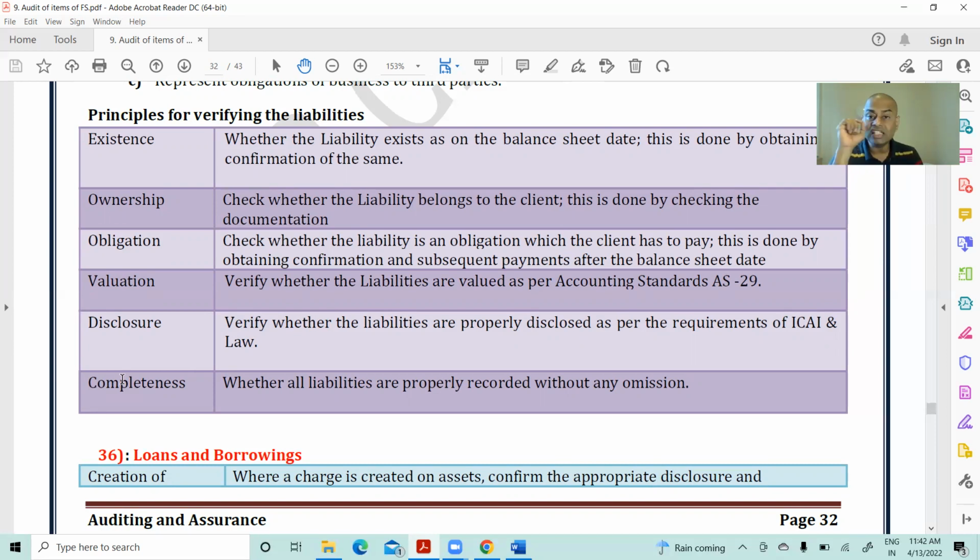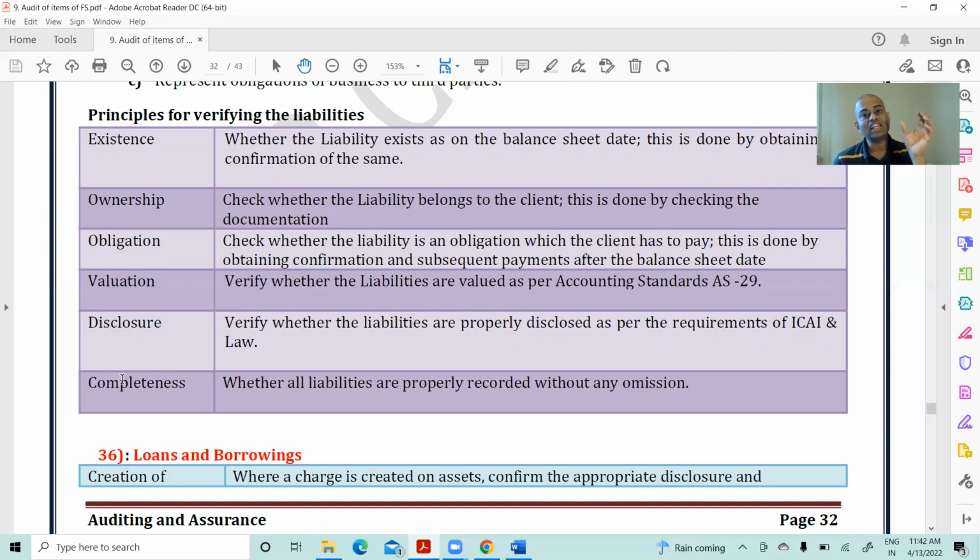Another big risk in the liability area is contingent liabilities. Imagine there is a court case. The company knows that they are going to lose the case. But if they are not genuine people, they can show it as a contingent liability so that the net worth of the company appears stronger.